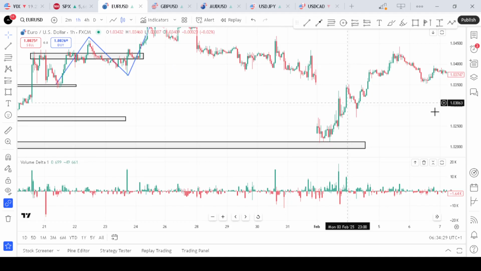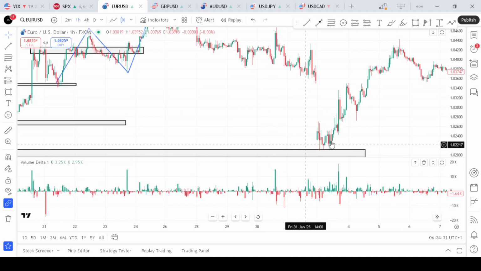So when price reached this support area, if we look at the area on this volume delta indicator, we can see a decrease in volume at this area. This signifies that selling pressure is reducing. That's why we are seeing a negative delta at this area.